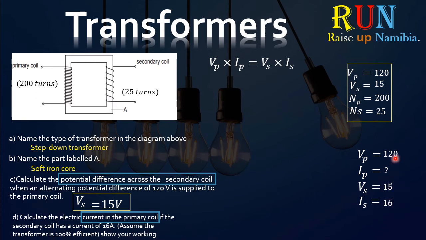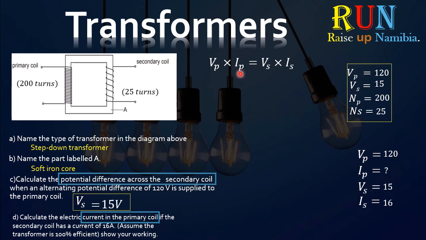Now that we have all our other figures, let's make Ip the subject of the formula. I recommend you also memorize this formula, just in case they ask you something similar. So how do we make Ip the subject of the formula here? Where do we see Ip? It's over here.